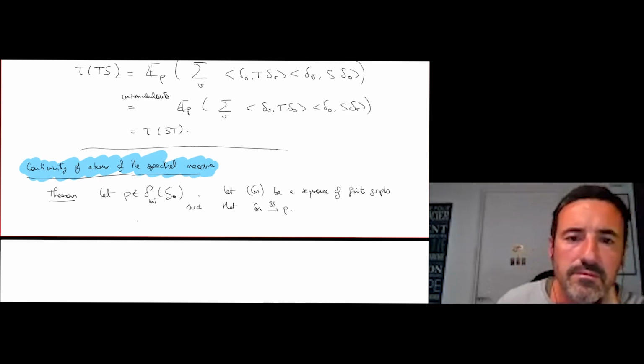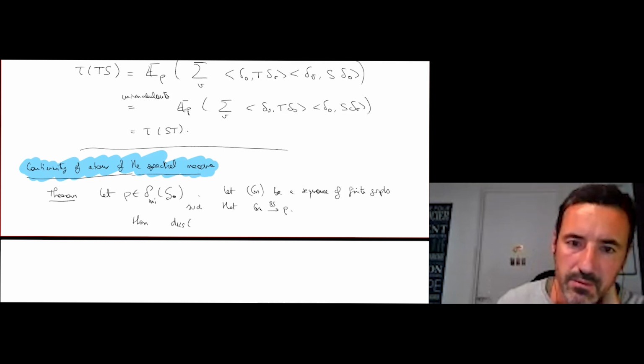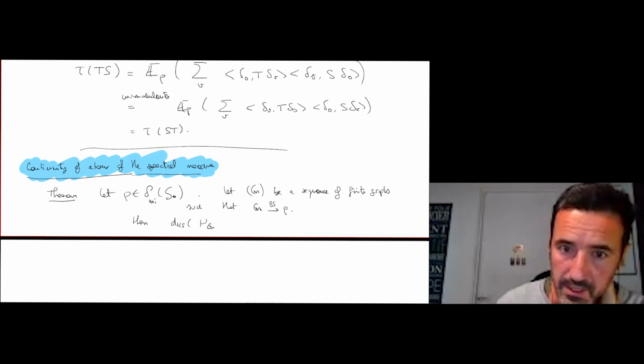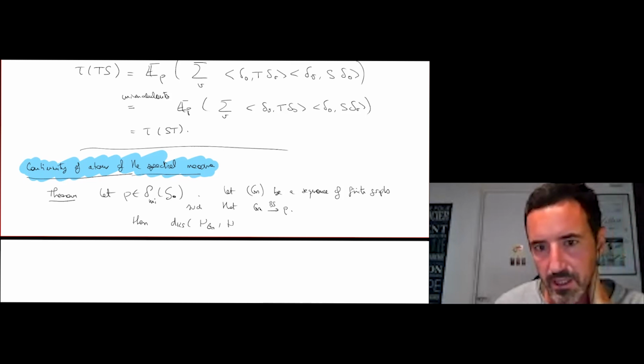Then the Kolmogorov distance between the empirical spectral measure of G_n and mu_rho goes to 0.